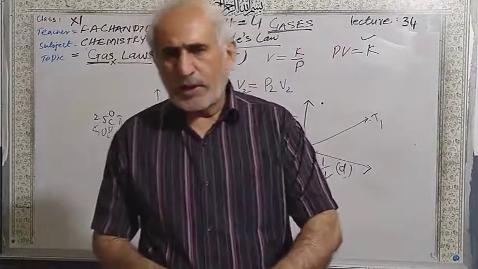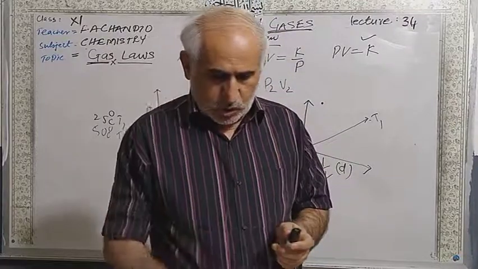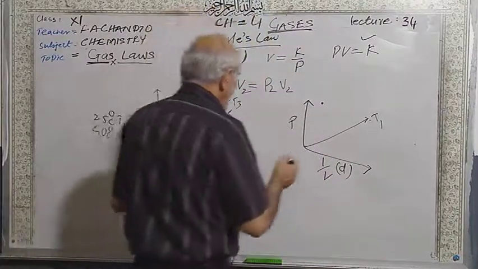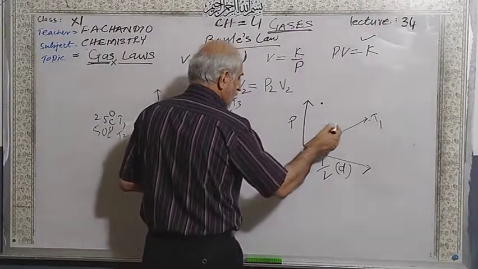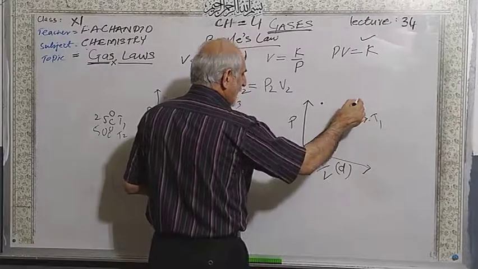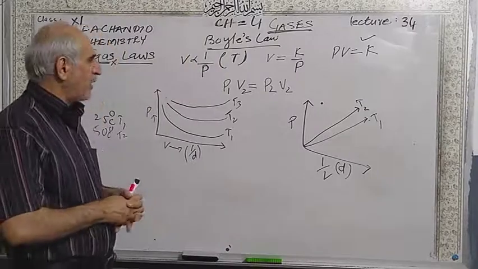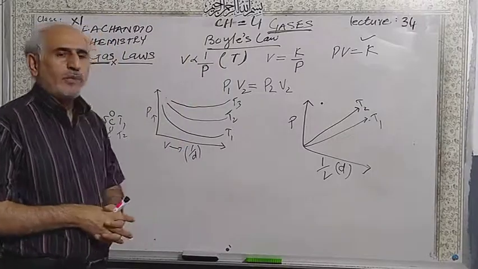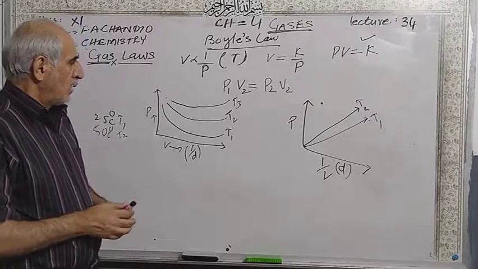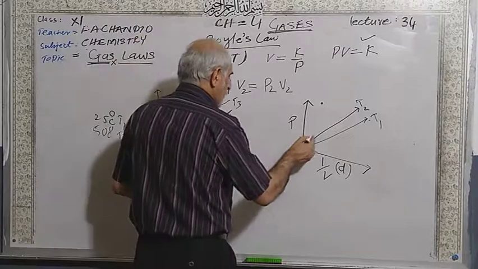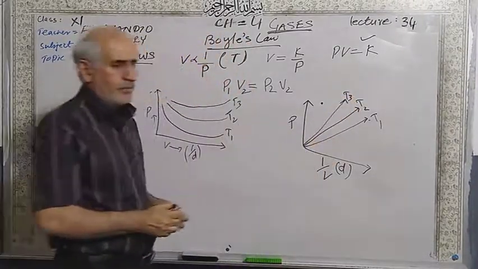When you plot a graph at a higher temperature, suppose 50 degrees Celsius, this line will move away from 1 over V and towards the pressure axis. And for a third change in temperature, again you will get a line like this one.